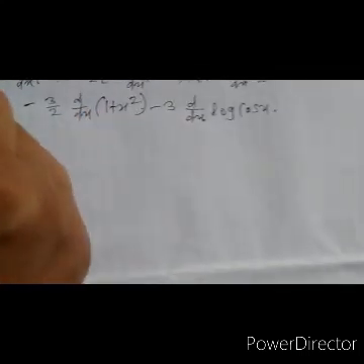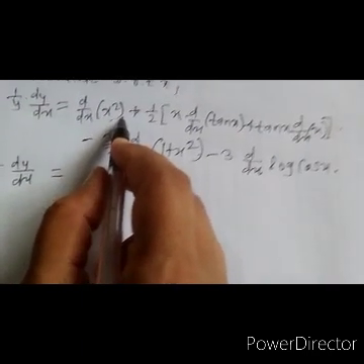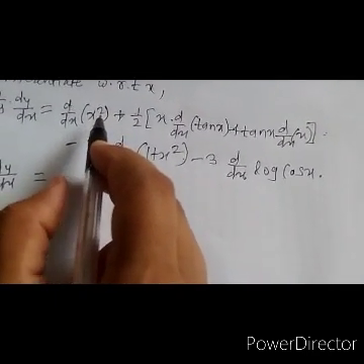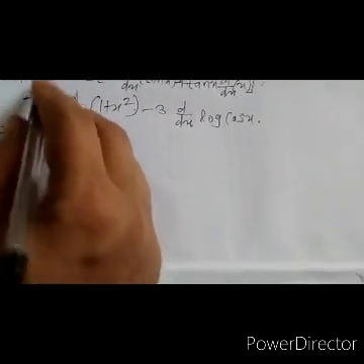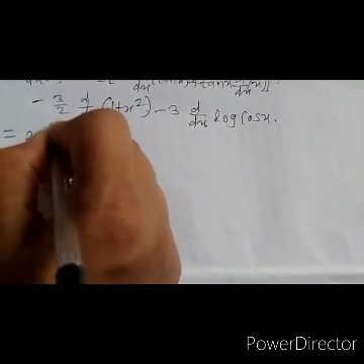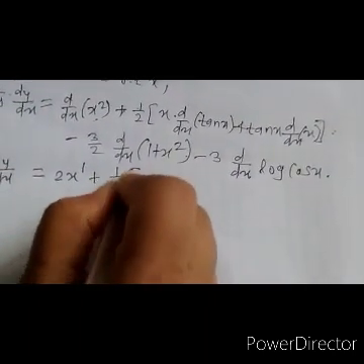Now here 1 upon y dy by dx is equal to d by dx of x², which is in the form of x raised to n, and its derivative is n x raised to n minus 1. So here 2x raised to 2 minus 1, that is 2x¹, plus 1 upon 2 as it is.